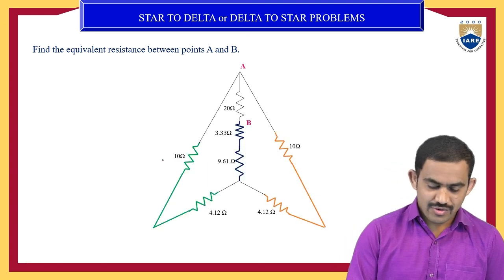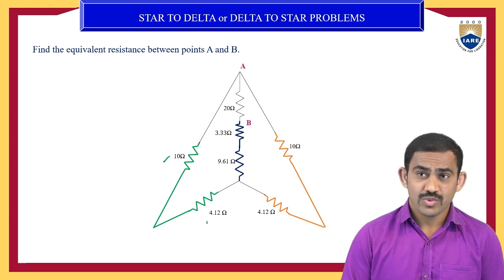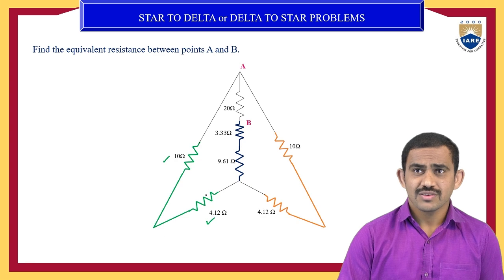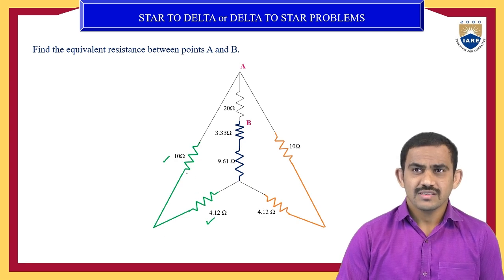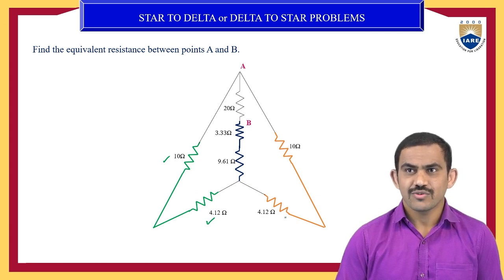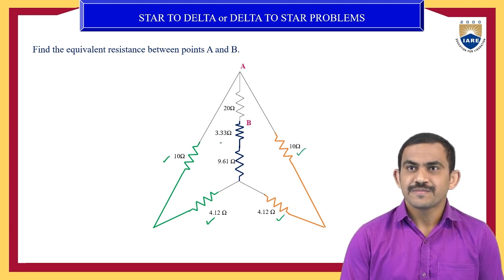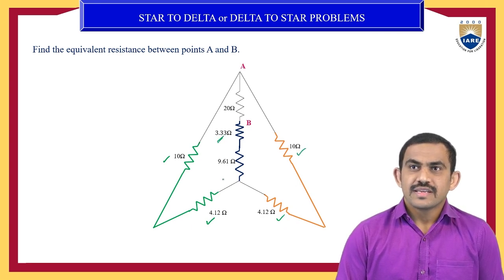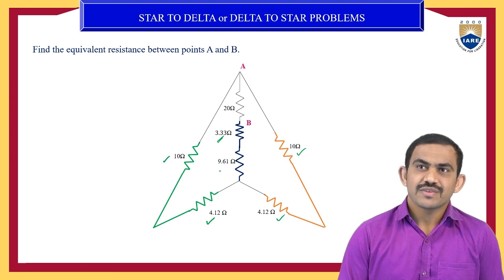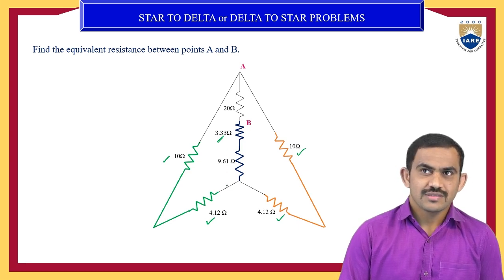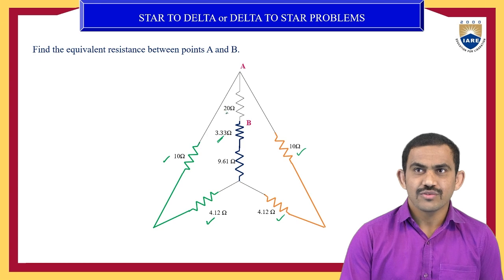Okay, 10 ohms and 4.12. Here only one branch, only one current we have. Both are in series. Same here, 4.12 and 10 ohms, both are in series. And here 3.33 as well as 9.16, both are in series. So I am not disturbing the 20 ohms.